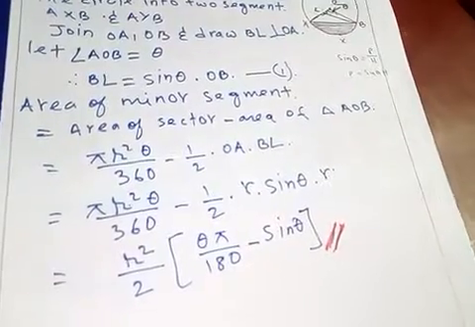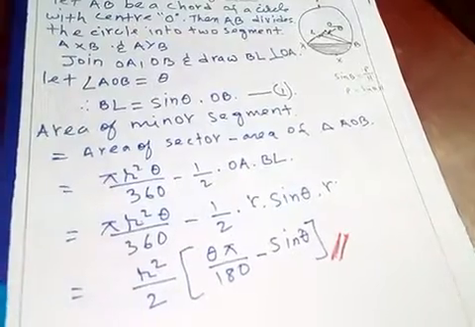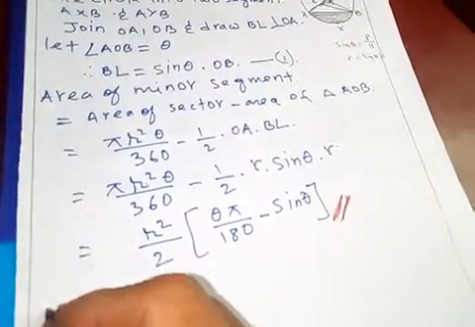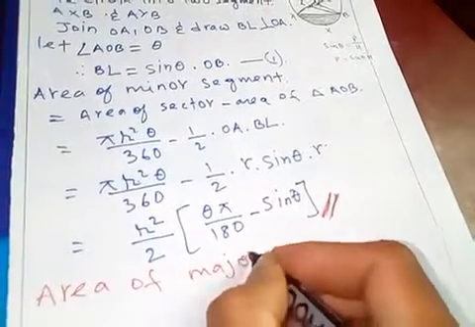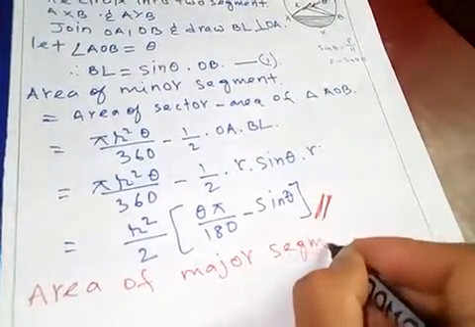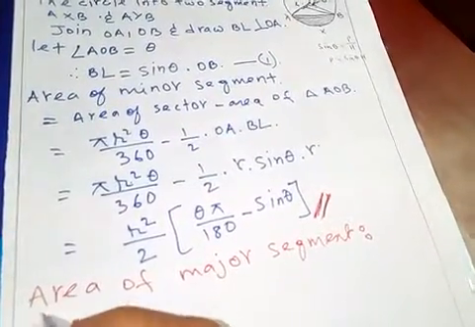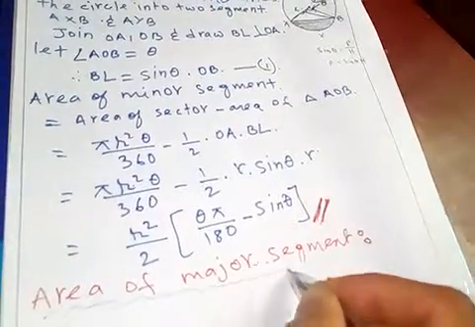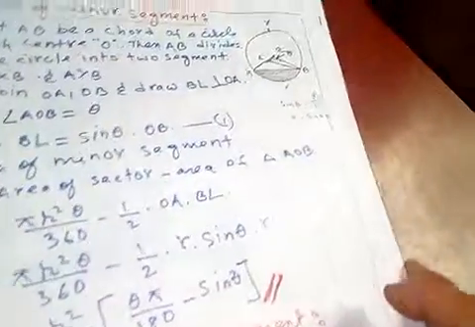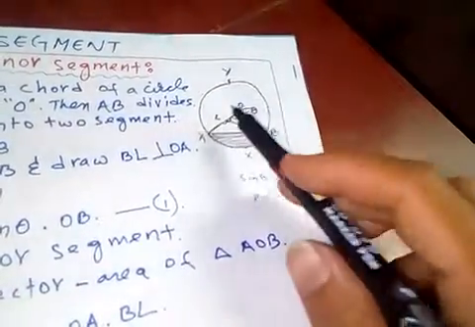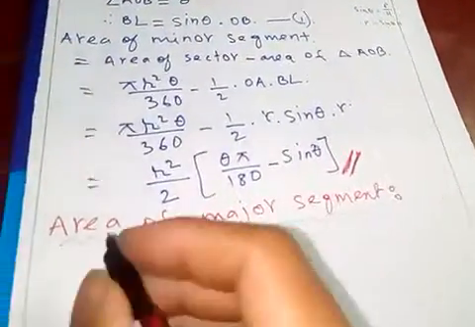Now let's find the area of the major segment. The area of the major segment is so easy, since we know the area of the minor segment. The area of the major segment will be the area of the circle minus the area of the minor segment, that's it.